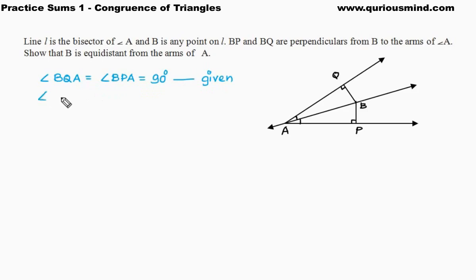We know angle BAQ is equal to angle BAP, that is given because L is bisector of angle A. And from these two, we know angle ABQ is equal to angle ABP, angle sum property.